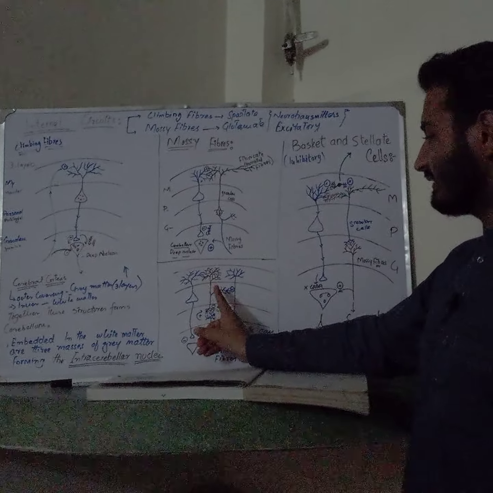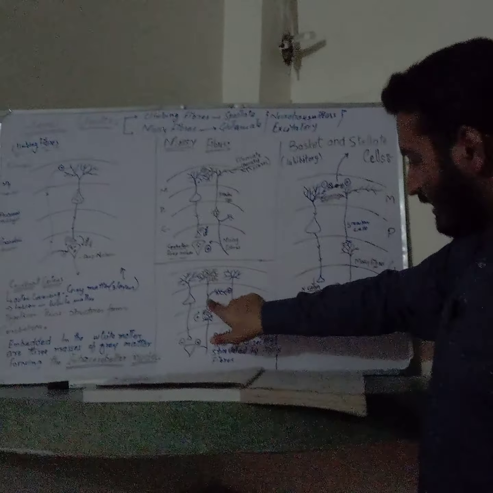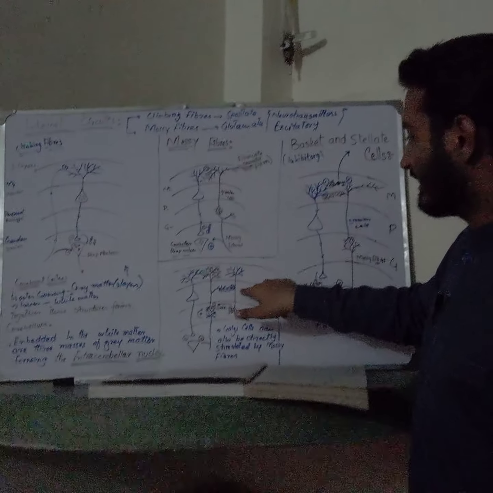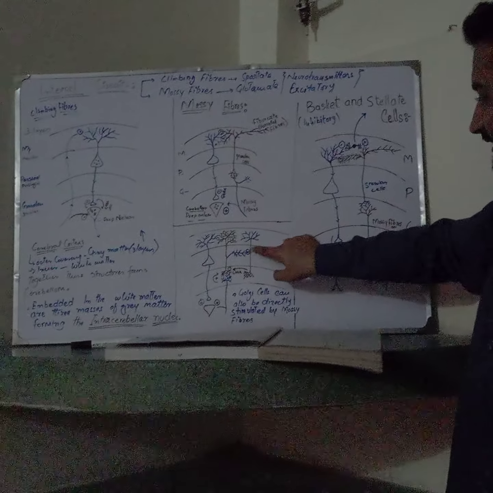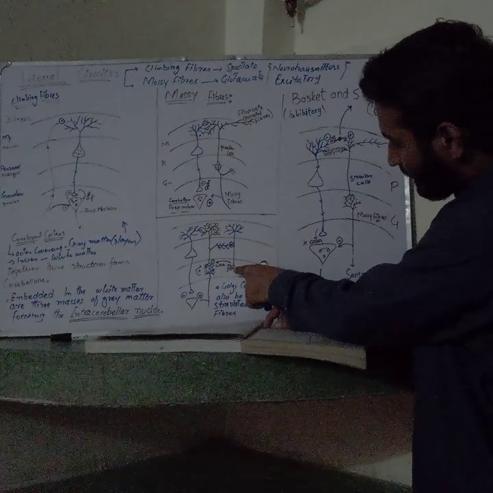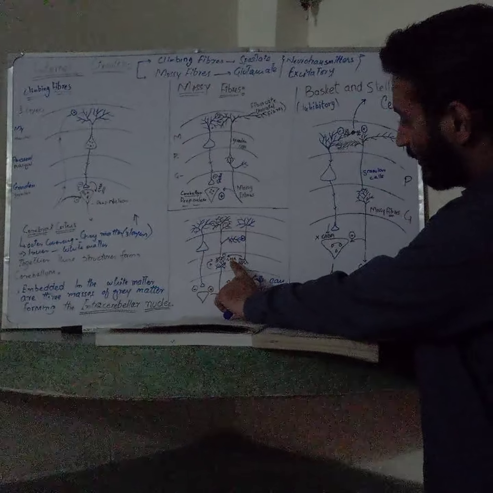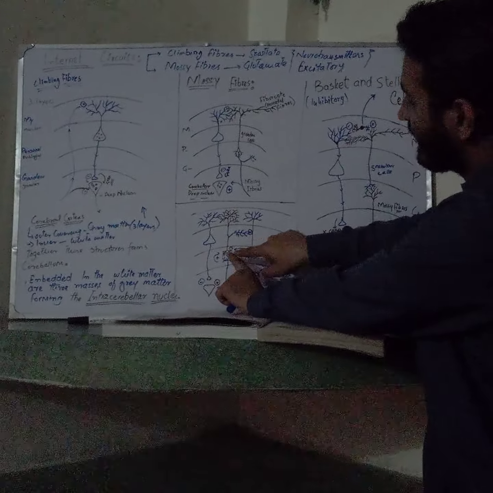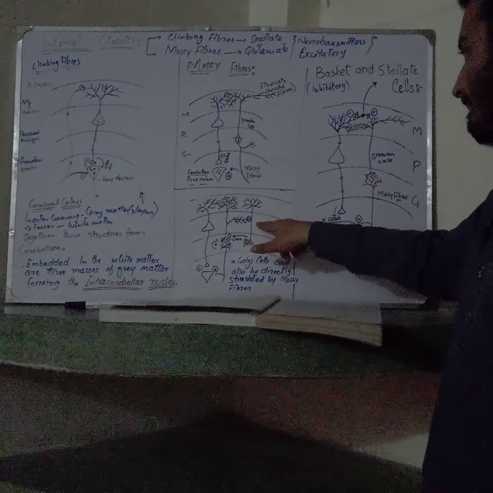These granule cells, as they are moving up into the Purkinje layer, give out branches and stimulate the Golgi cells. You see, this is the Golgi cell they stimulate. Now these Golgi cells in return release GABA on the granule cells, and these granule cells are inhibited by Golgi cells.